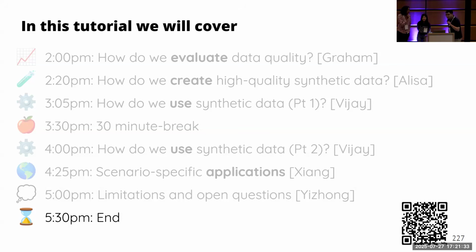The question is about data leakage in generating synthetic data for training, but the generation might be based on some test sets or some information of the test sets. So basically, what happens if the data generator has access to the test data? Oh, I mean, it definitely helps in terms of the final downstream performance.